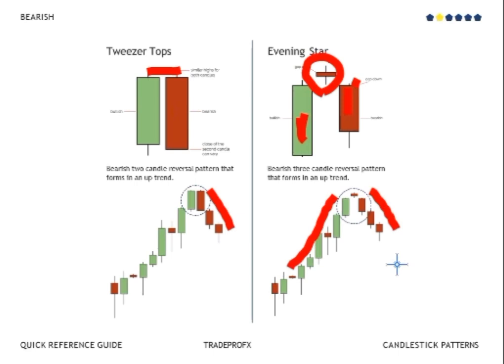So with that, if you spot such patterns, I hope you understand how they are. You first see this evening star, which is a 3 candlestick pattern, which starts with a strong bullish candlestick, then a small indecisive candlestick which represents a star, and then ends with a bearish candlestick.